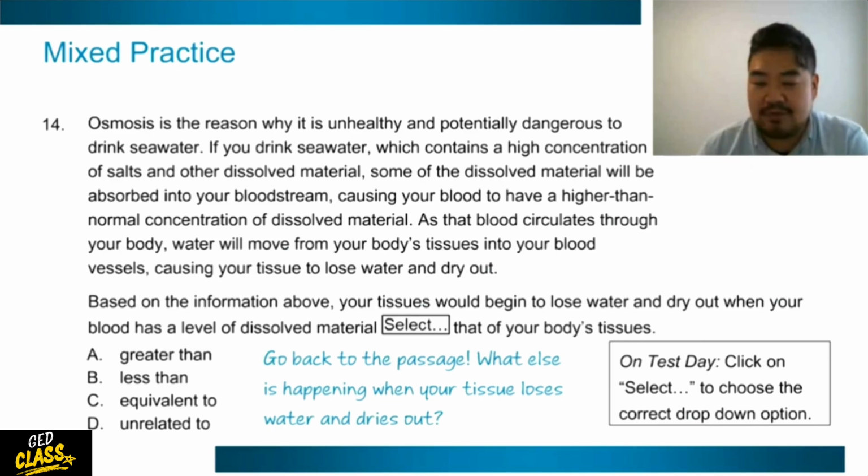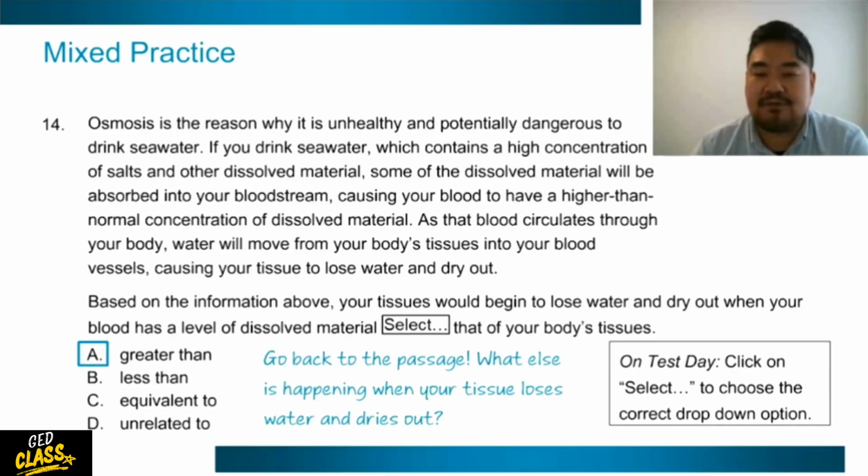So how's that going to be related about your blood having a level of dissolved material and that of your body's tissues? That's going to be choice A. The blood has a level of dissolved material greater than that of your body's tissues. Therefore, your tissues will lose water, again, through osmosis. Choice A is going to be a correct answer for that.